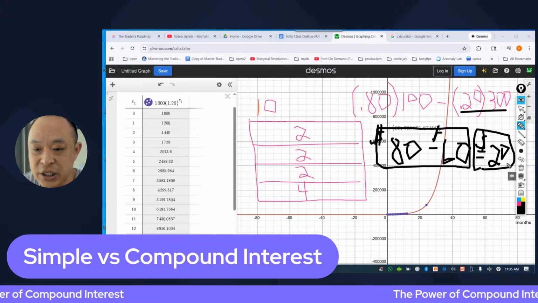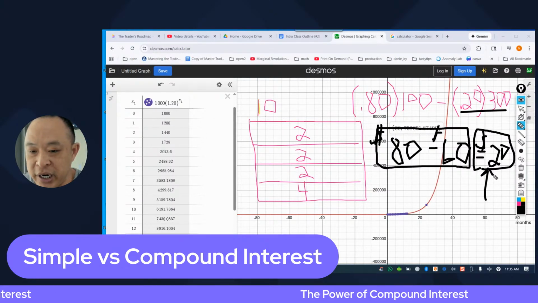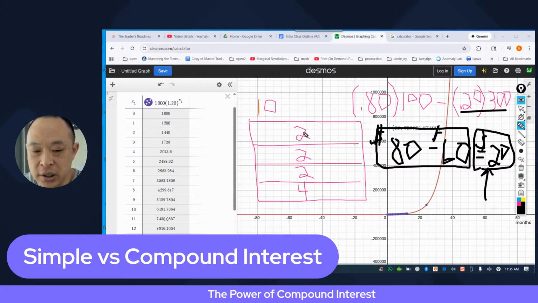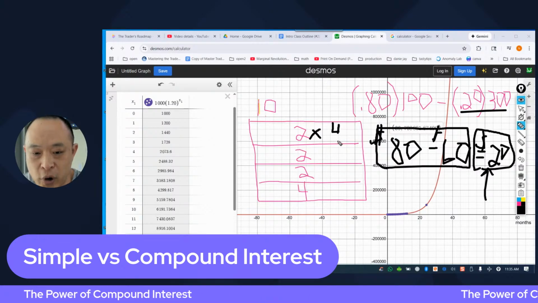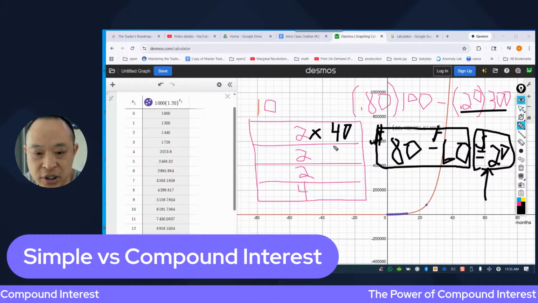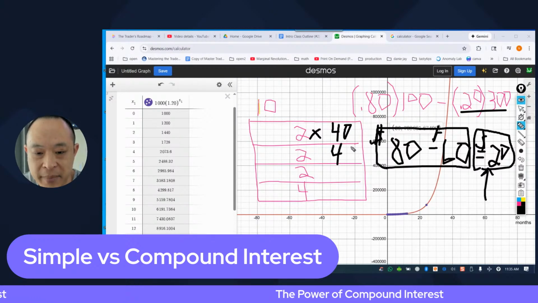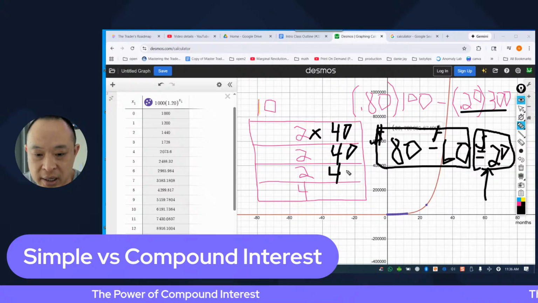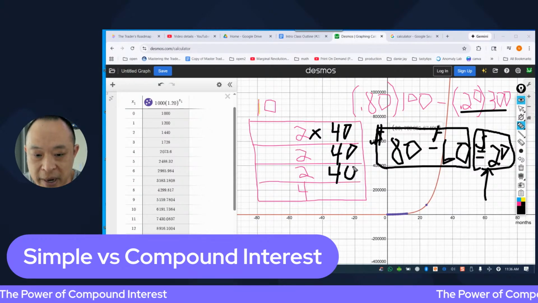So if you're making 20 bucks every expected trade, well, if you place 2 trades, you're going to expect to make 40 bucks. If you place 2 trades your second week, you're going to expect to make another 40 bucks. If you place another 2 trades the third week, you're going to expect to make another 40 bucks.